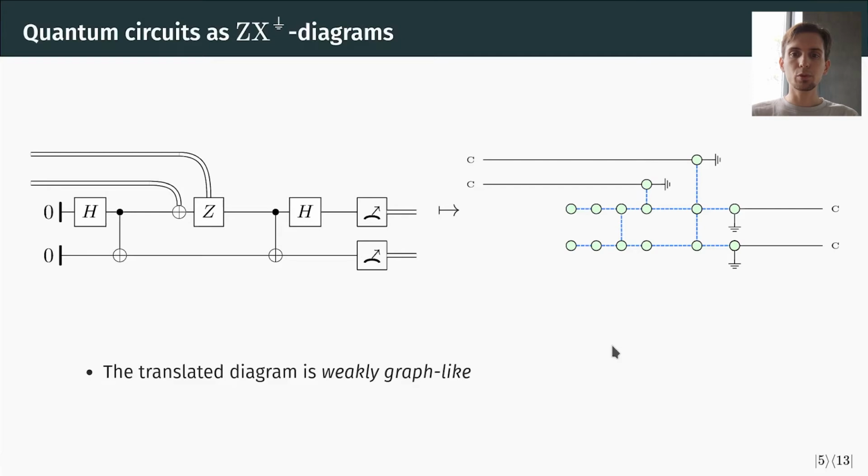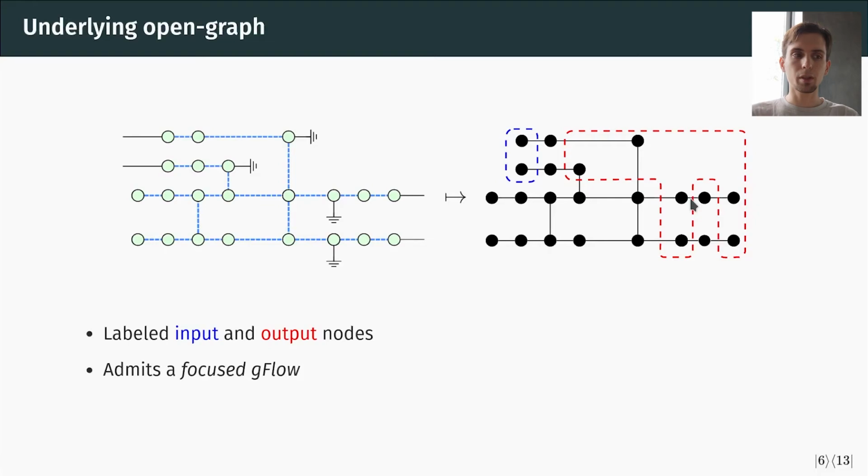We then transform this diagram into a strict version where we separate the grounded spiders from the inputs and outputs. This will let us move them around internally so they can interact during the optimization. Once we have a strictly graph-like diagram, we can talk about its underlying structure in the way of an open graph.